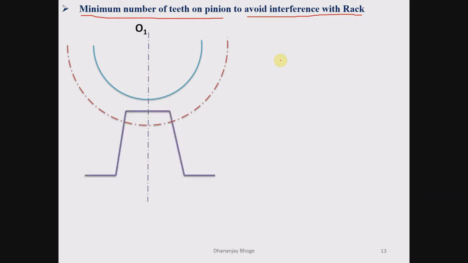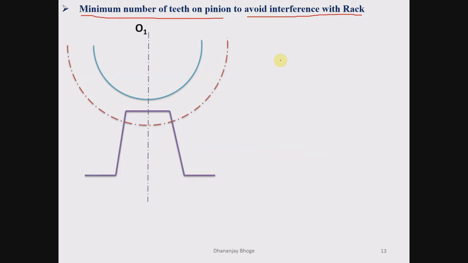So I have shown one tooth on a rack. Draw this tooth. Now rack is having infinite diameter, correct? So its pitch line will be a straight one. We know this thing. So draw a straight tooth representing a tooth on rack.